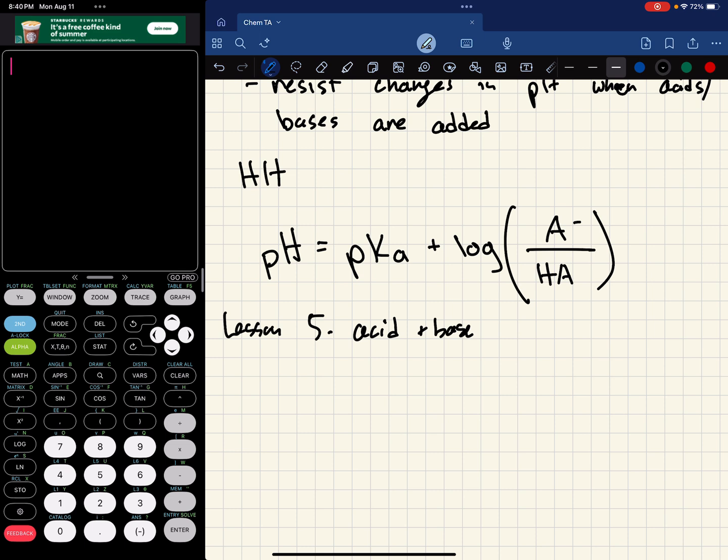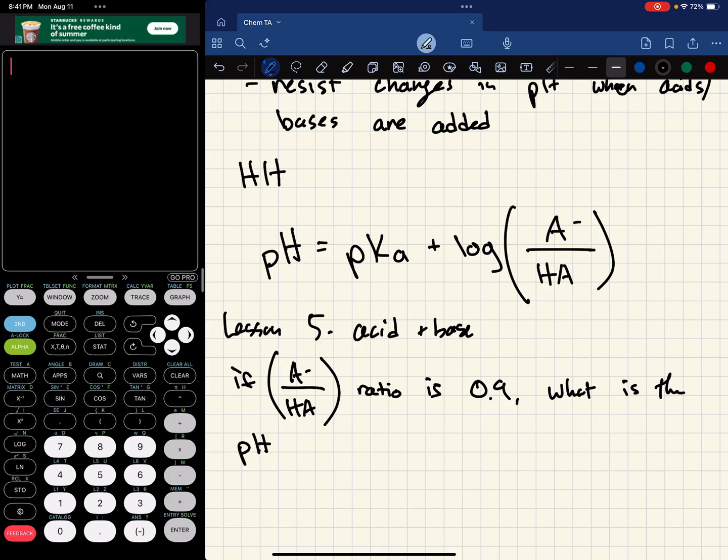If our ratio, A minus, this is a ratio of our conjugate base to the acid, if this ratio is 0.9, what is the pH of lactic acid solution?